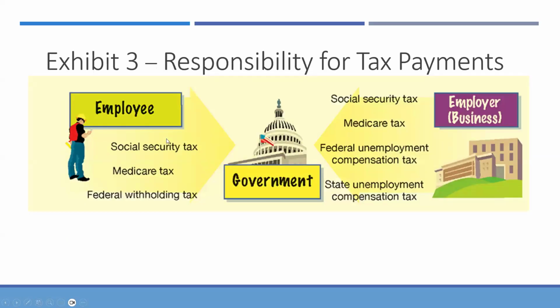So the employee pays Social Security tax, Medicare tax, and federal withholding tax. The employer pays Social Security, Medicare, and also the unemployment taxes. This is all in the payroll tax bucket, and this has to be computed under payroll thinking.